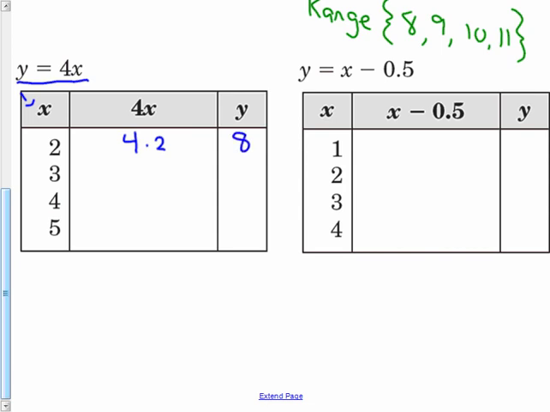If x is 3, the problem becomes 4 times 3, and 4 times 3 is 12. If x is 4, I have 4 times 4, which is 16. And if x is 5, I have 4 times 5, which is 20.